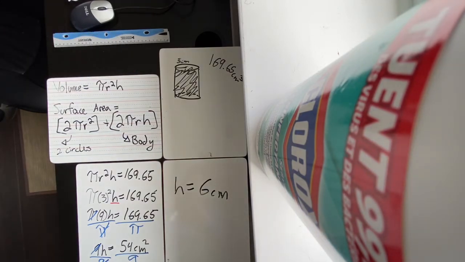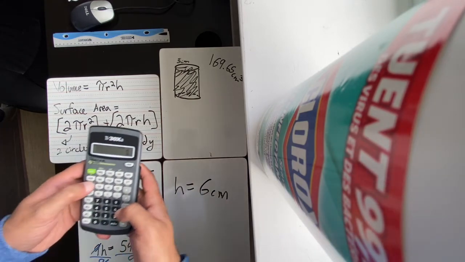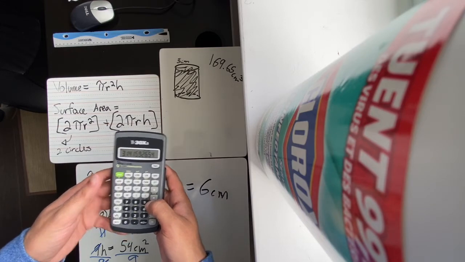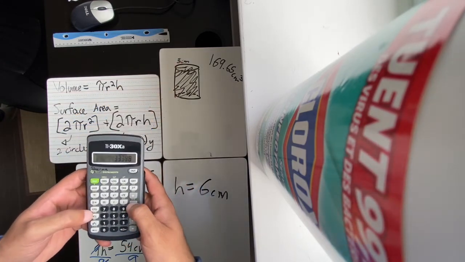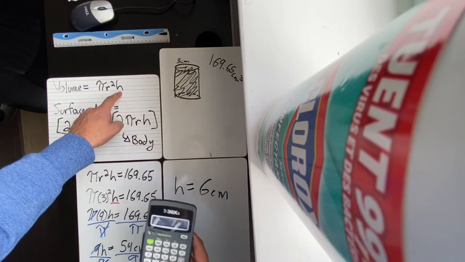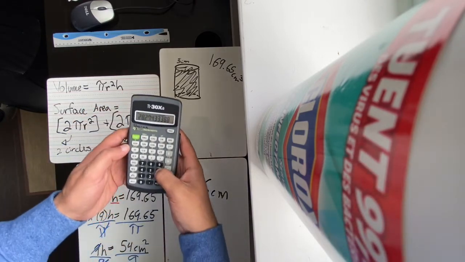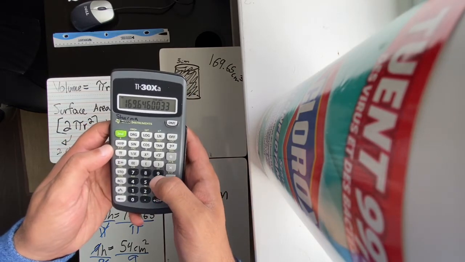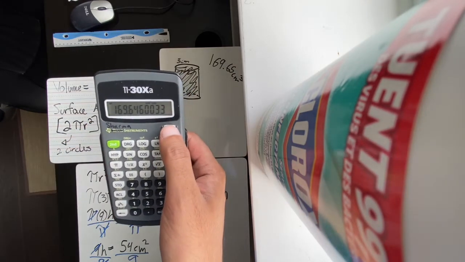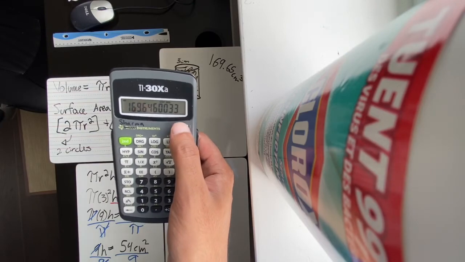So let's see. Pi times r squared, which is 3 squared, which is 9, times h for height, which we believe is 6, equals 169.65. So we know we did that one right as well. We're going to try one more and then that'll be it for today.